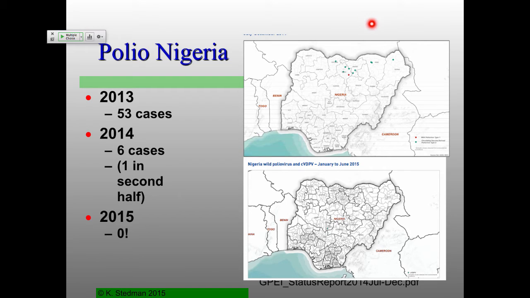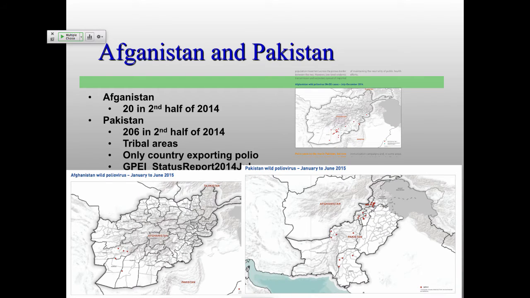And one of the things that gets a little bit hard to see here, but the red dot is wild polio, and all these green dots are vaccine-derived. So that should also give you an indication of what we need to deal with. Our problem children as far as polio eradication are concerned are Afghanistan and Pakistan.